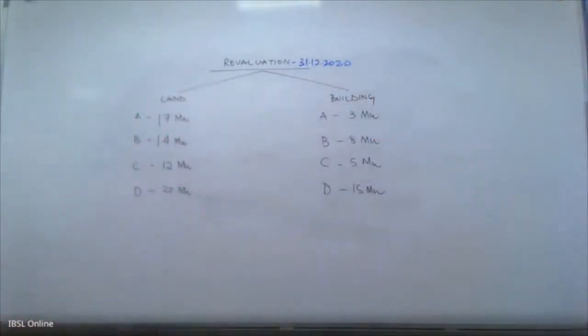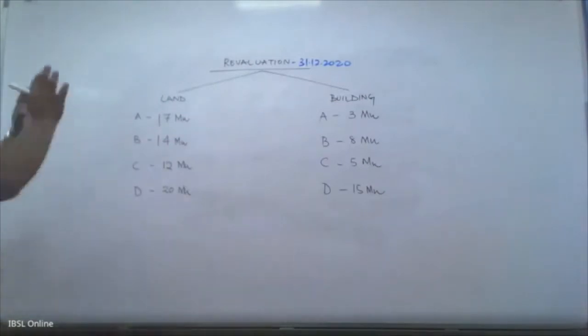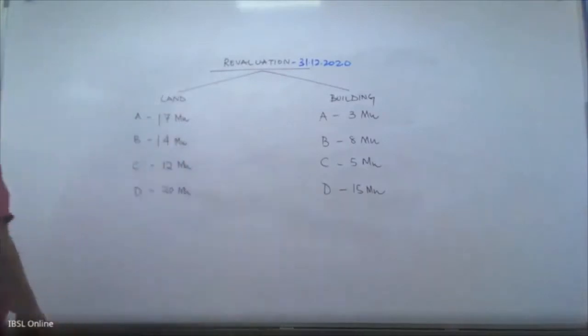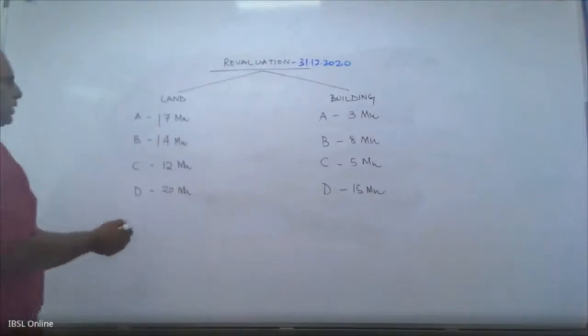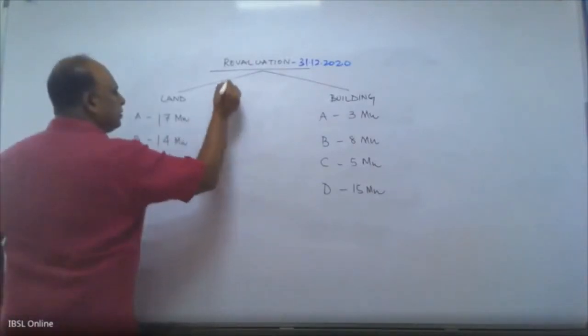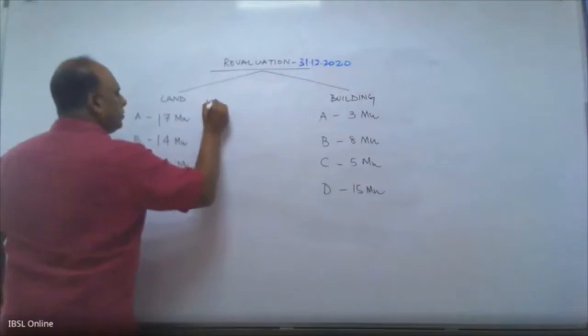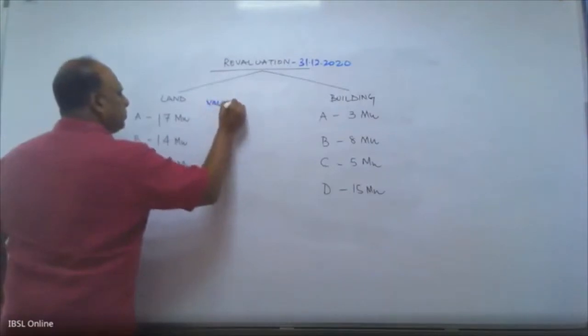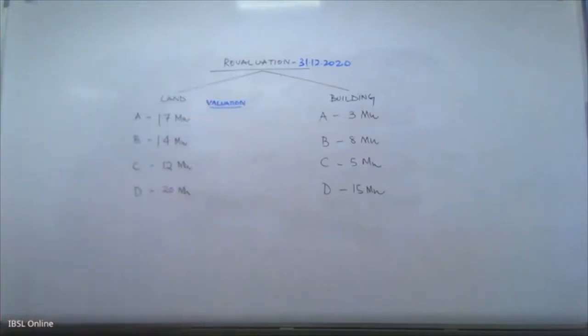You get down a professional valuer certified by Central Bank to do the revaluation of this property. Okay, right. Now when you get the revaluation, now the valuer is giving some values to you.